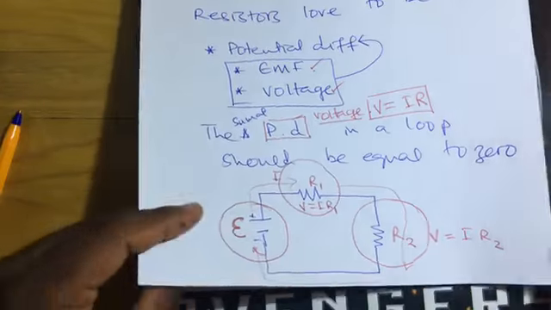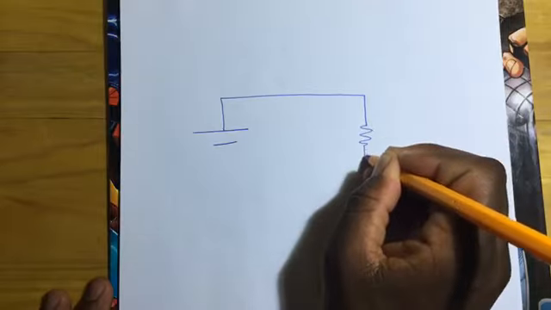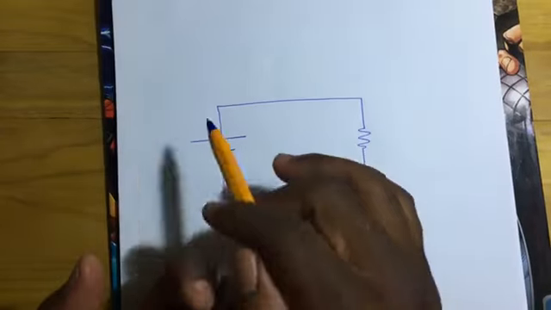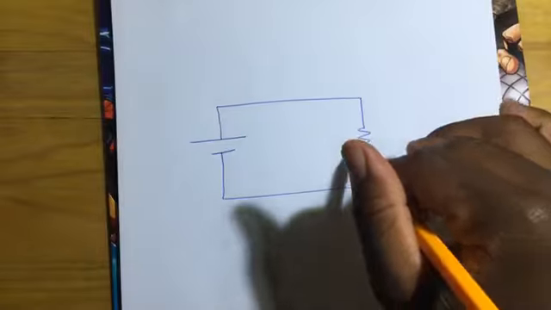A summary has never hurt. In a loop, we are going to have two things. We're going to have a battery and a resistor.